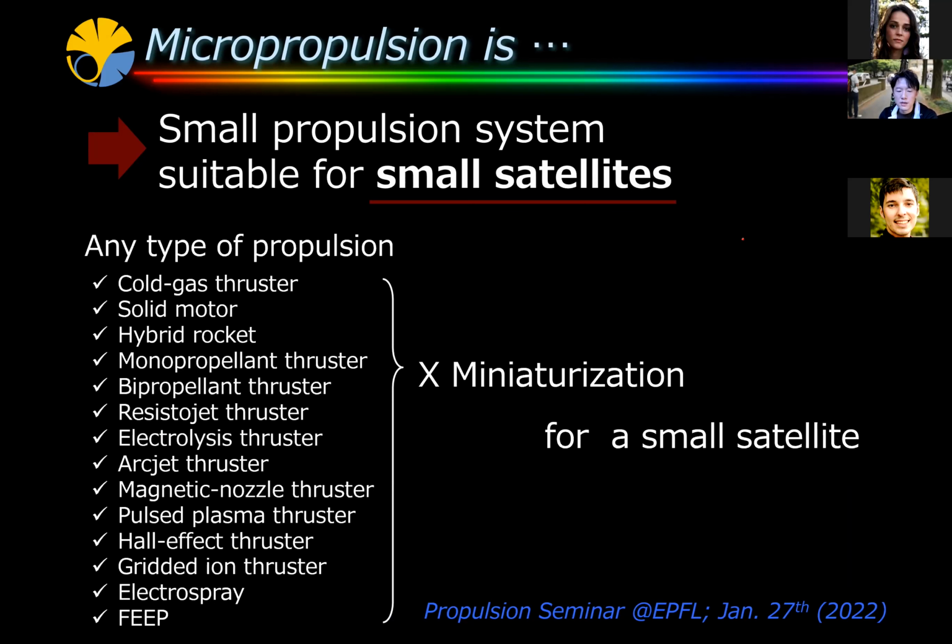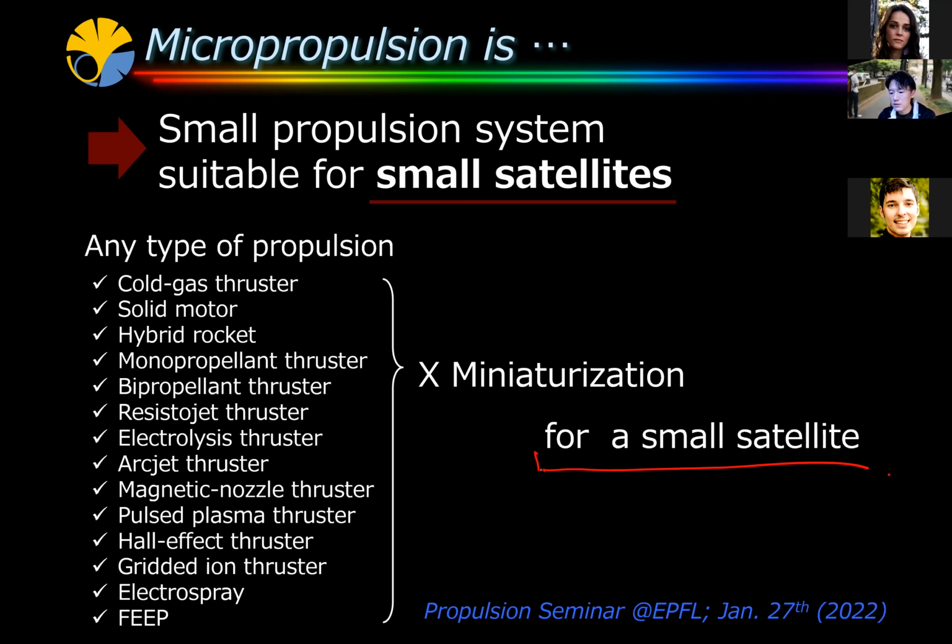In the second and third sessions of this seminar, I talked about chemical propulsion and electric propulsion. All of the propulsion appearing there can become a micropropulsion system. So a lot of candidates. And if those are miniaturized for a small satellite, this would be a micropropulsion system.